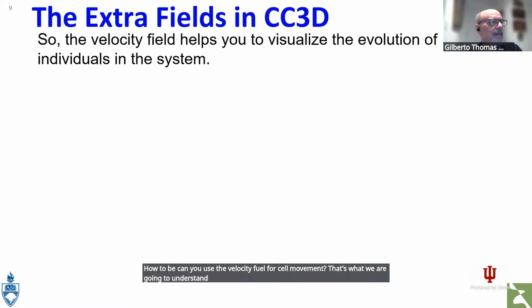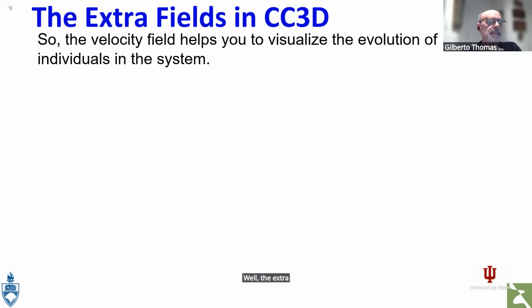Try to understand now where the extra fields play a role in CC3D. The velocity field helps you to visualize the evolution of the individual participants of the system. You can keep track of each one of the objects in your system.